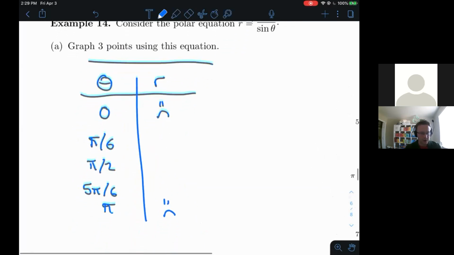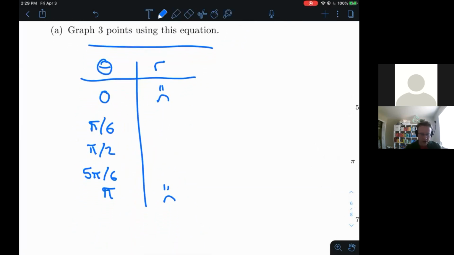So you select a few others, and I selected ones that I know plug in well into sine. So for instance, sine of pi over 2 is going to be 1. So I'd have 7 divided by 1, which is 7. And then you could choose pi over 4 and 3 pi over 4 and things like this.